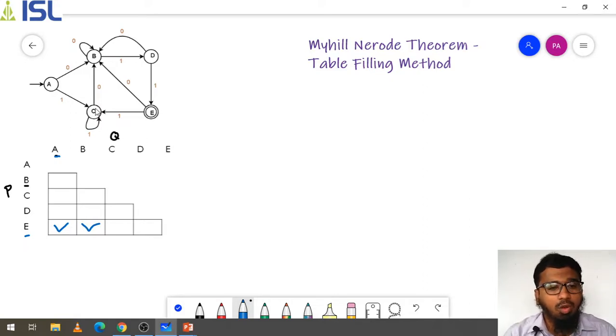E and C: C is a normal state and E is a final state, so this is also marked. Next, E and D: E is a final state and D is a non-final state, so here also there is a tick.